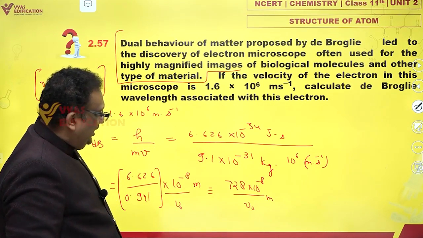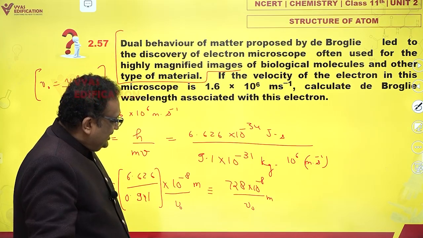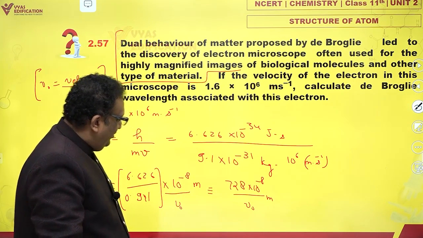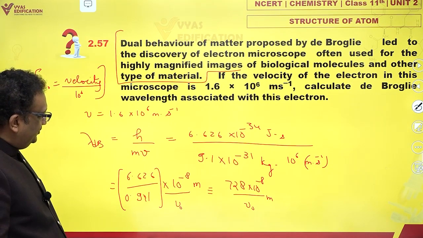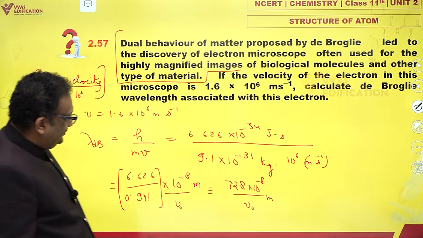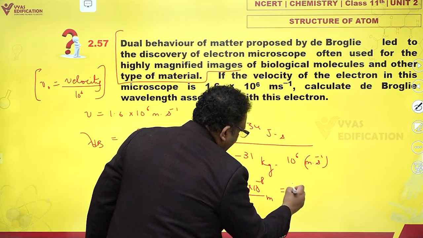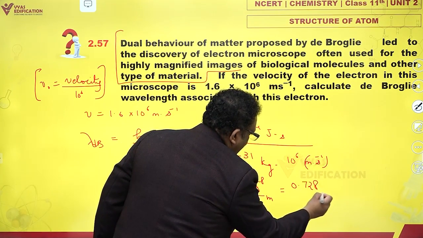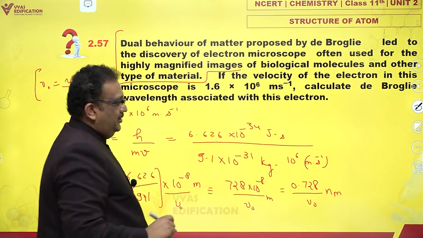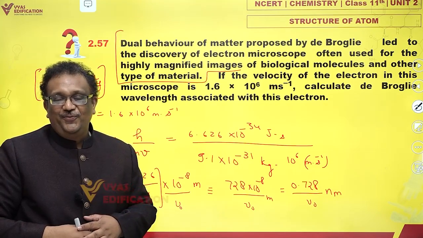If you find this ugly, convert it to 10 raised to minus 9, so you will have nanometers. So that would be 0.728 upon V0 nanometers. This should be your answer.